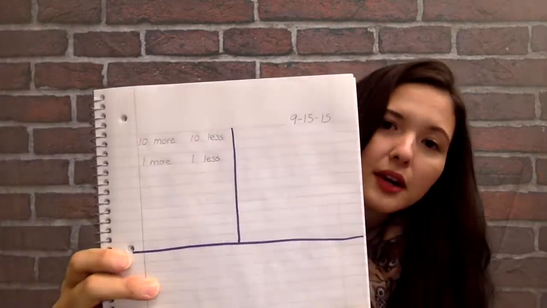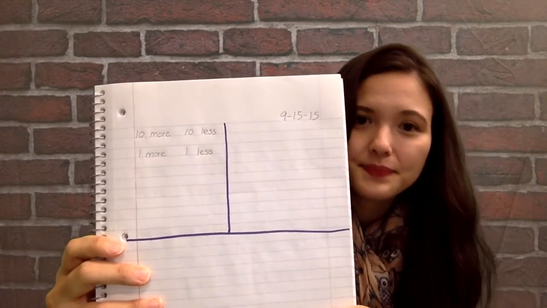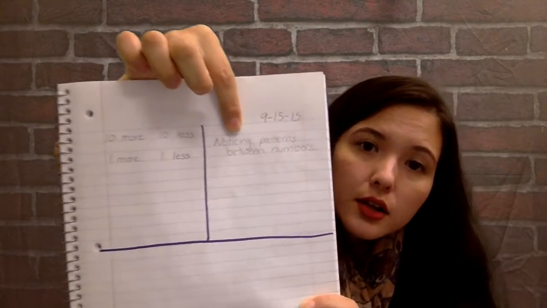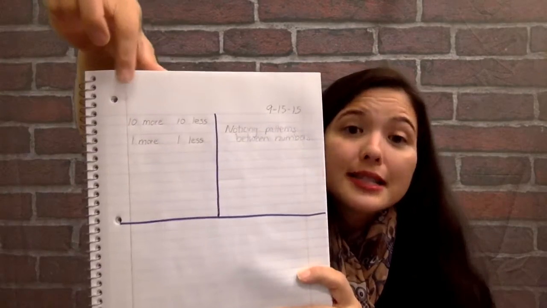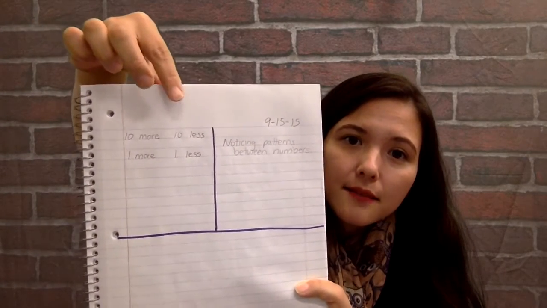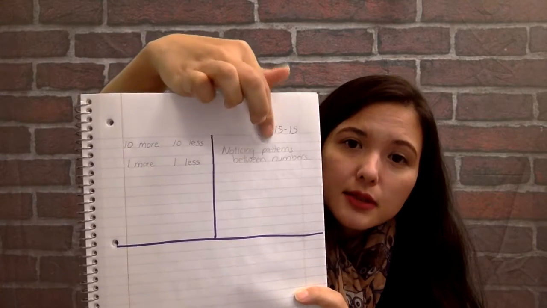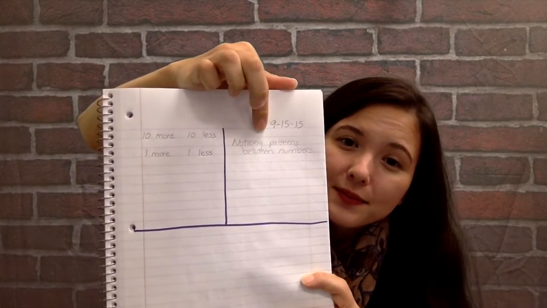Okay, so you should have written down 10 more, 10 less, and 1 more, 1 less. So on your description side of your notebook, you're going to need to write down noticing patterns between numbers. So we're noticing 10 more, 10 less, 1 more, 1 less, and we're noticing patterns between those numbers. So pause the video and make sure you write this down.